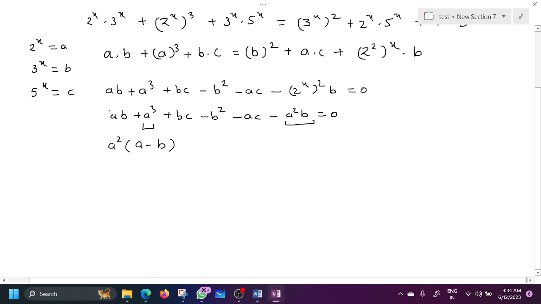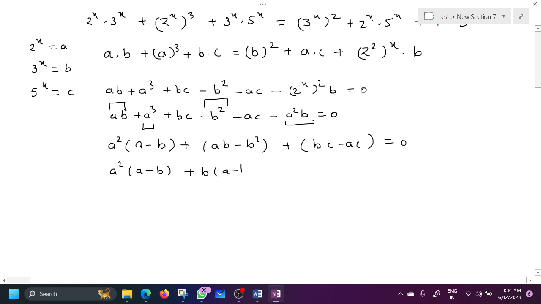See, let us take this term and this term plus AB minus B square, combine them, and then let us take the remaining BC minus AC, it is equal to 0. Then you have A square into (A minus B) plus B into (A minus B) plus C into (B minus A) is equal to 0.